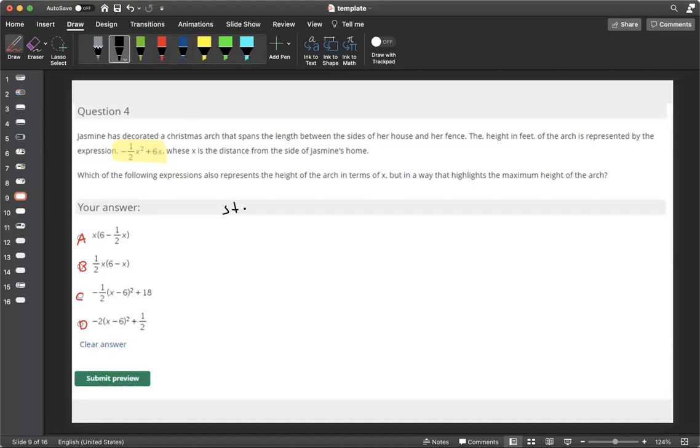That is standard in yellow. And what they want us to do is convert to vertex. So this whole test is basically how well can you convert to vertex? When they ask to highlight the maximum height, that is another way of saying what is the vertex form.